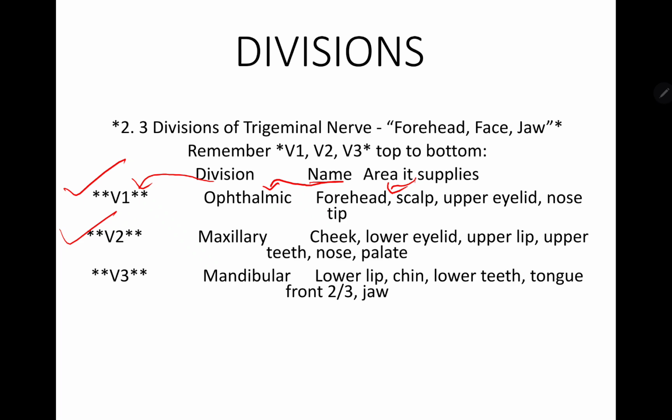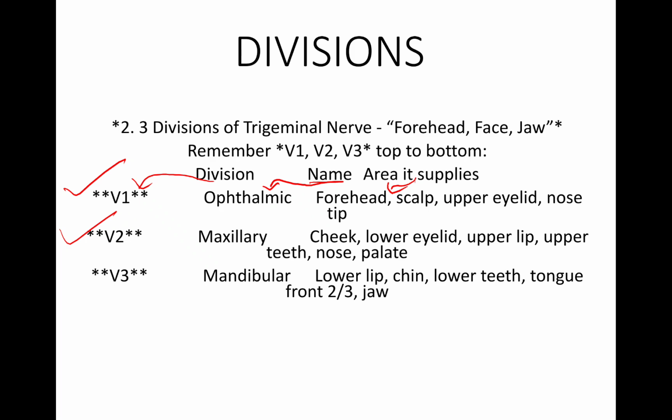Next is the maxillary, and the areas it supplies are the cheek, lower lid, upper lip, teeth, the whole nose, and the palate. That is the maxillary division. Then comes the mandibular division.